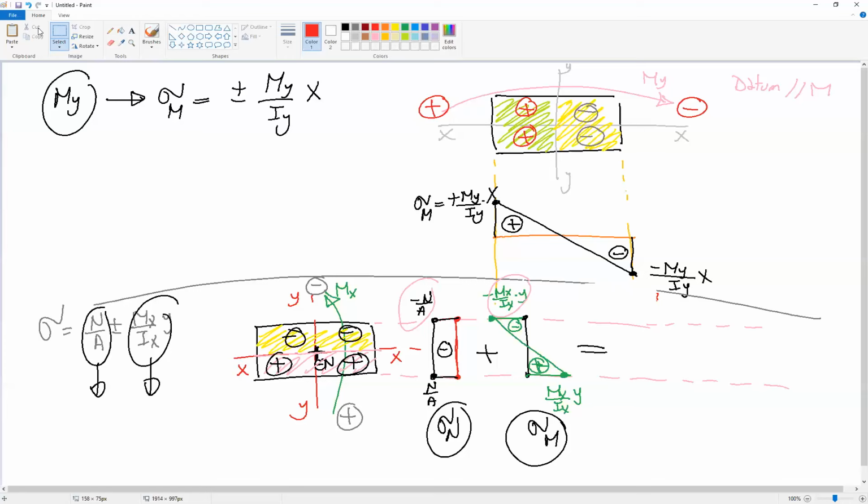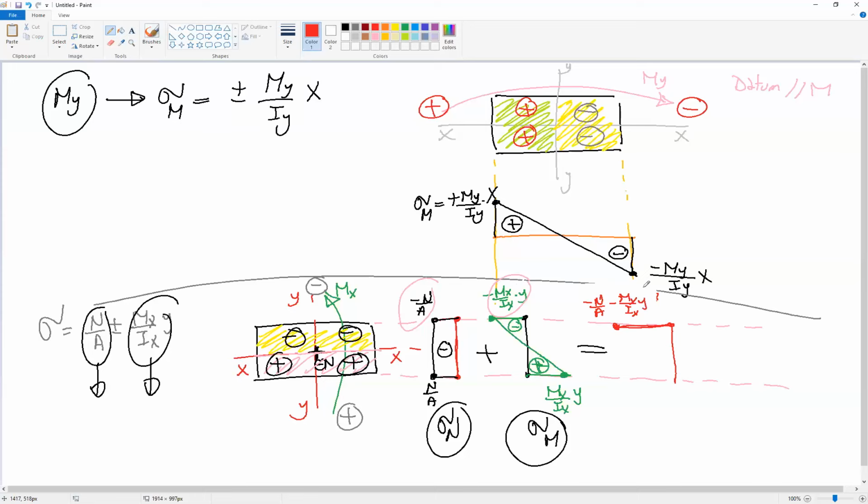Now, if we want to sum these two together, we have these two negative values, so we have the first option here. If we sum these two together, we will have a bigger negative value: negative N/A, negative Mx/Ix multiplied by y.